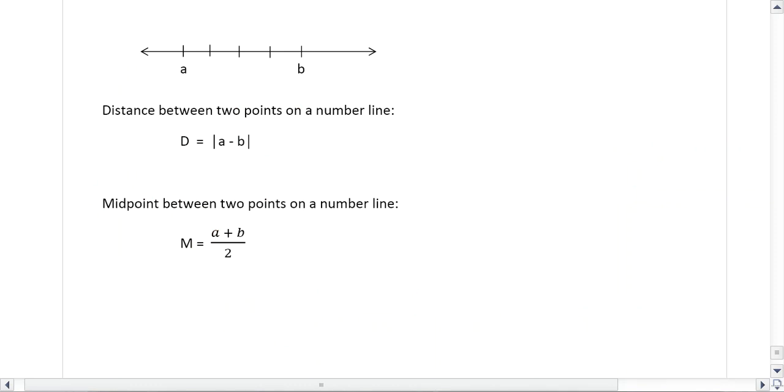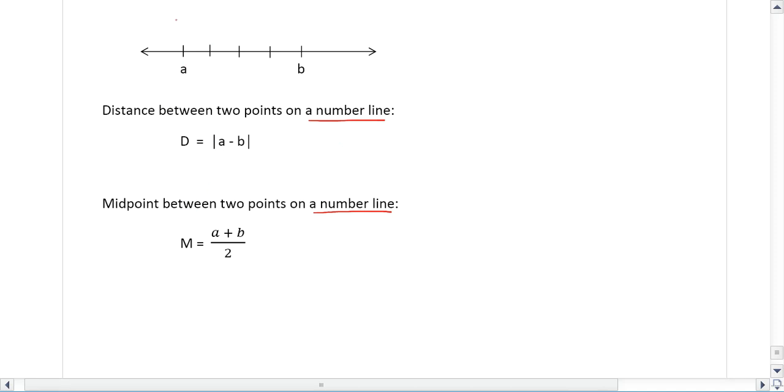All right, these next 2 definitions, just to make sure it's clear, we are talking about when we are on a number line, because we will be doing other definitions for distance and midpoint when we are on the XY coordinate plane. But this is just on a number line. And really, you already kind of know this.